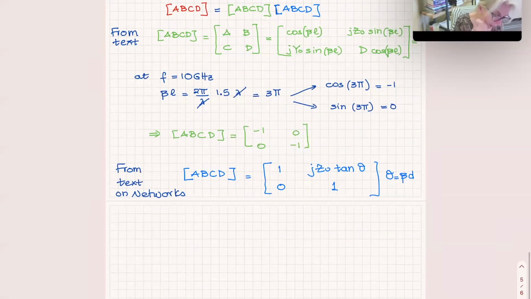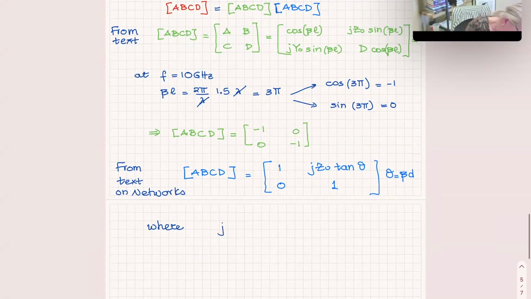All right. Now, how much is beta D? You remember, we found j Z naught tangent beta D. What did we find?